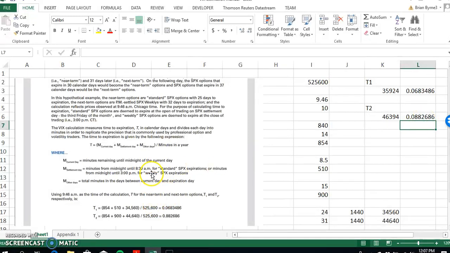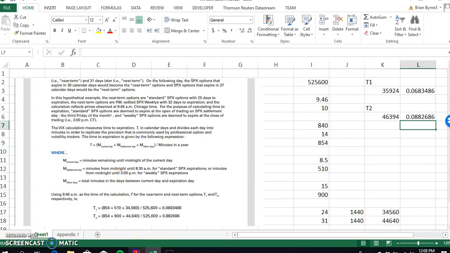Remember, the first contract is 25 days, the second contract is 32 days. This time period would be 10 times greater than this one. That looks a little bit bizarre. It is bizarre. The true figure here is 0.0882.